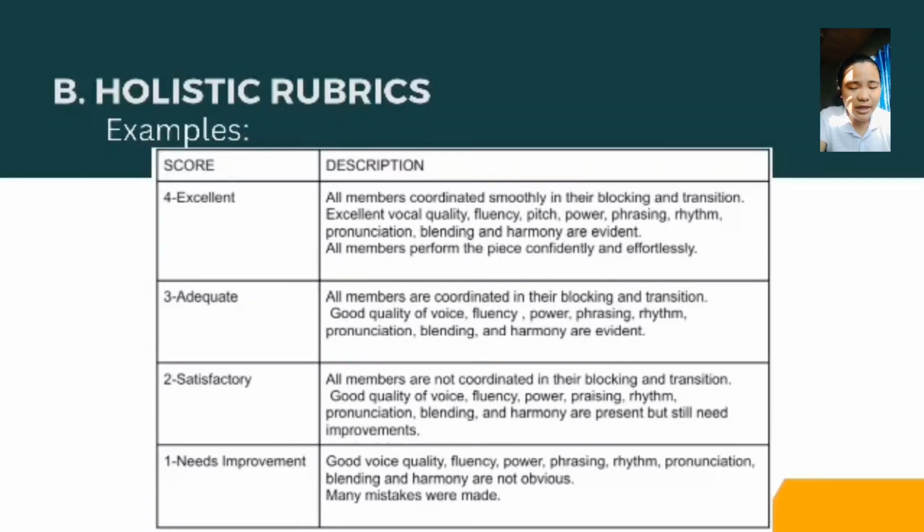We can see here the description of each level of performance, one description for each level. And lastly, read and analyze your rubric again to check if it is already okay or if you need to make some changes to your rubric.